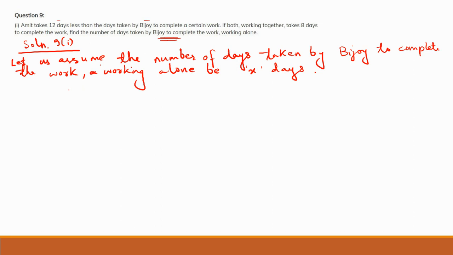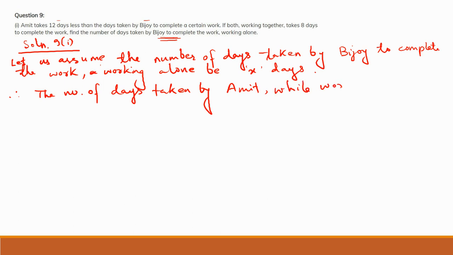And Amit takes 12 days less than the days taken by Bijoy. Therefore, the number of days taken by Amit while working alone will be X minus 12 days, right? Because it is said Amit is taking 12 days less.